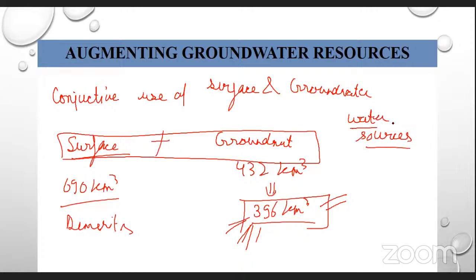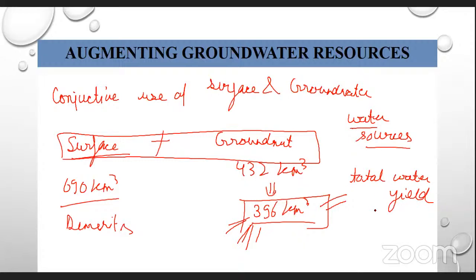And if we use these different water sources in coordination, the total water yield is going to increase, and the total water yield of the system also increases with the period of time.